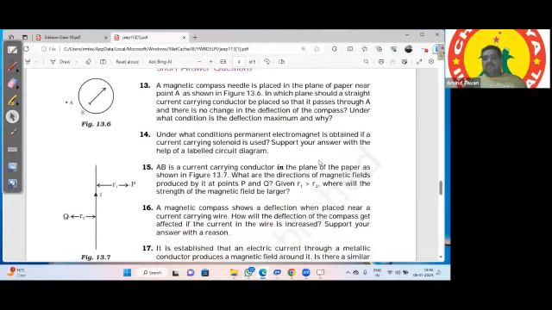Okay. So can you solve this 13th one? These are short answers.